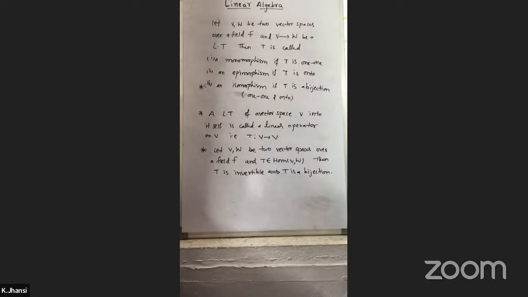Instead of showing it is one-one directly, we can use the kernel of T. Last week I gave the definition of kernel. If the kernel of T equals 0, then we can prove that it is a bijection.